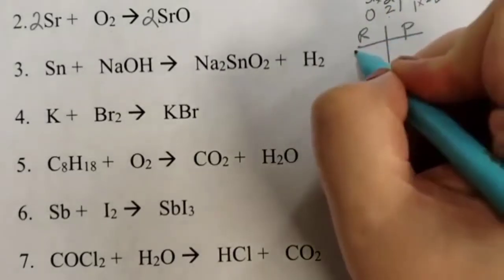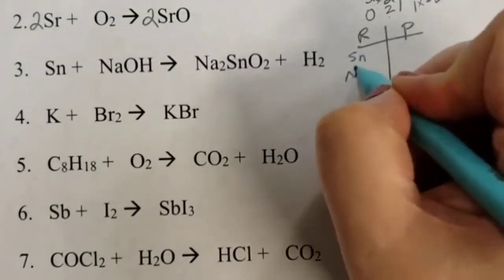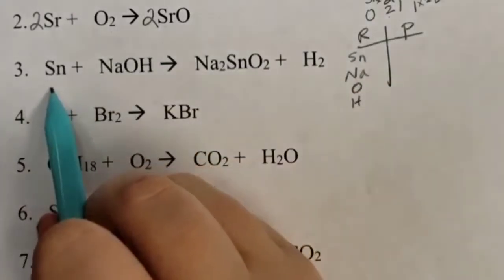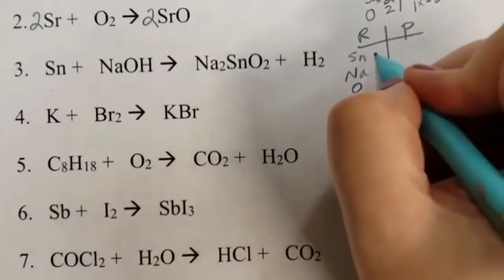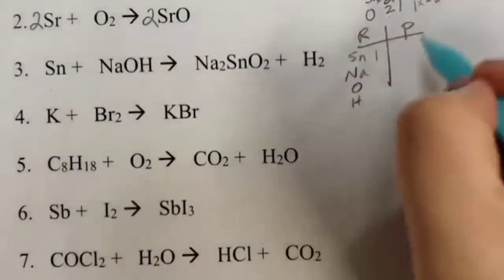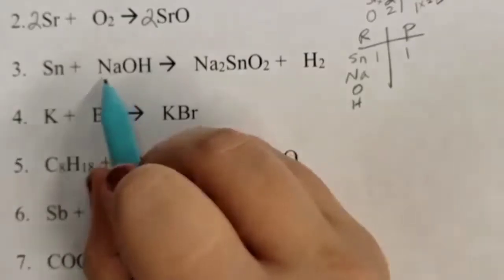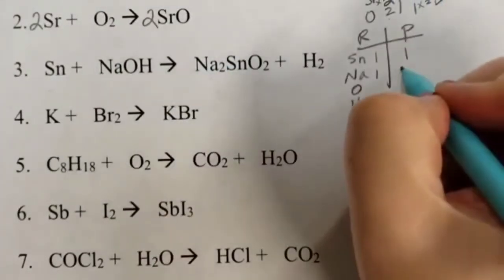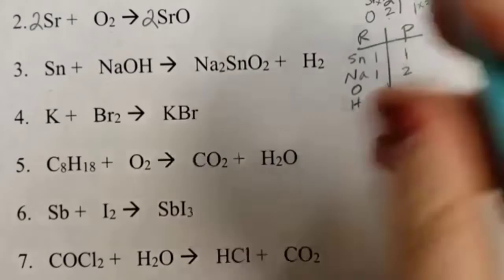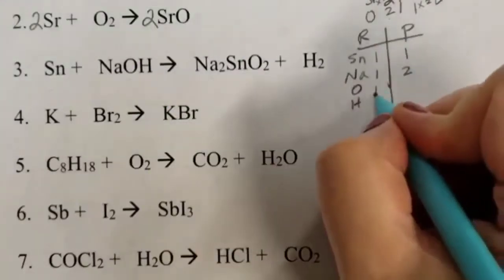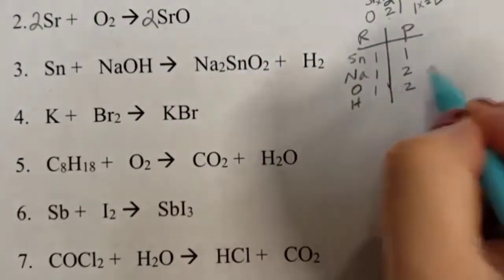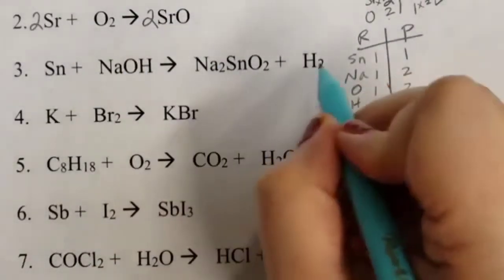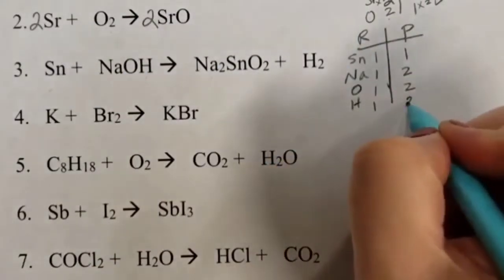We have tin, sodium, oxygen, and hydrogen. For tin on this side, we have 1. On this side, we have 1. Sodium on this side, we have 1. On this side, we have 2. Oxygen on this side, we have 1. On this side, we have 2. Hydrogen on this side, we have 1, and on this side, we have 2.